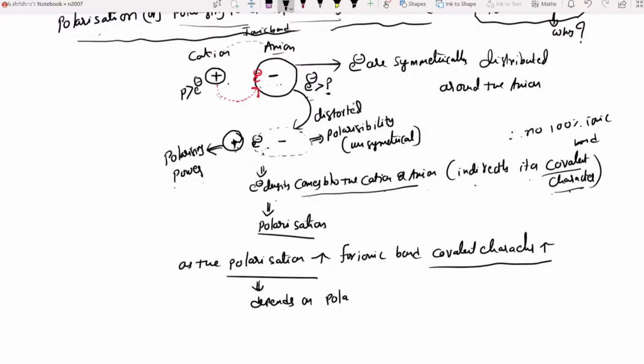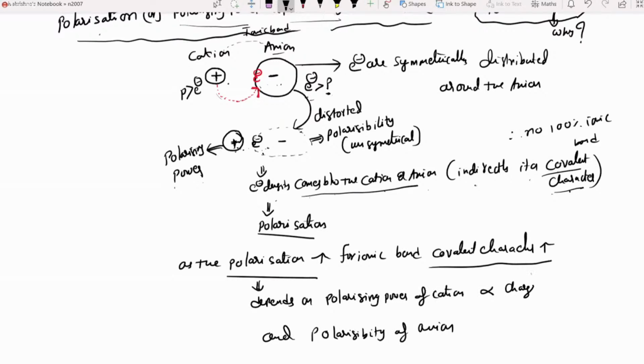polarizing power of cation and polarizability of anion. Polarizing power of cation is directly proportional to the charge on the cation.